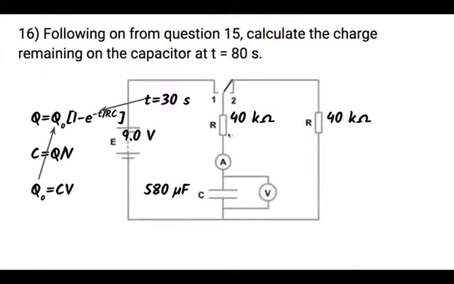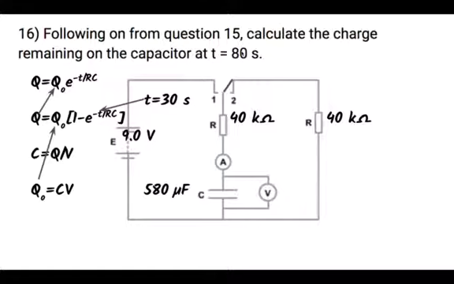So because we're now discharging the capacitor, we're going to be using the discharging capacitor equation, the charge stored on the plates as it discharges. And this charge we calculated after the first 30 seconds now becomes our starting charge as we discharge for the remaining 50 seconds. Man, this question is so hard.